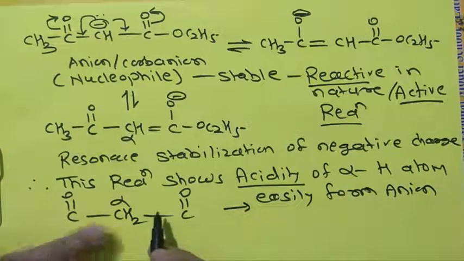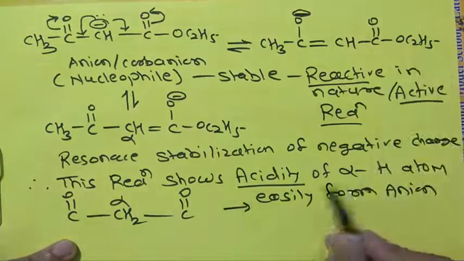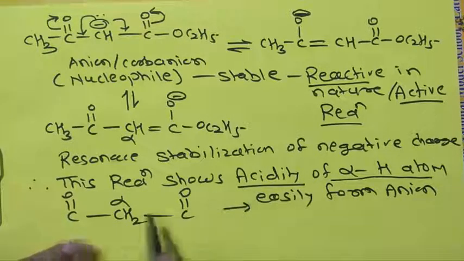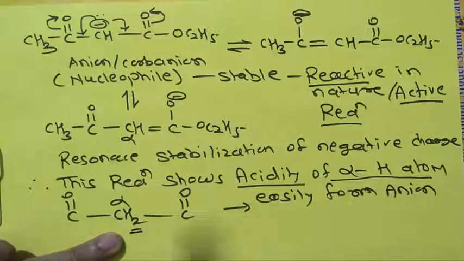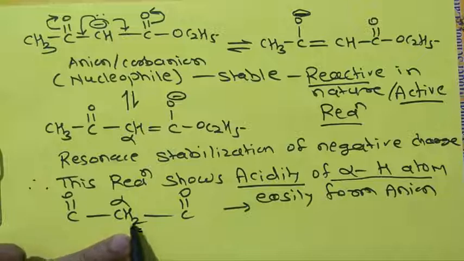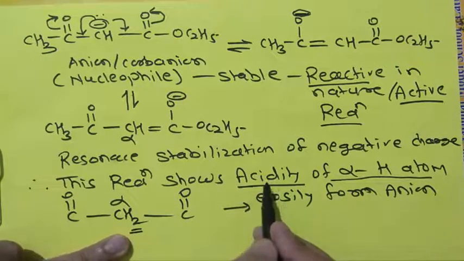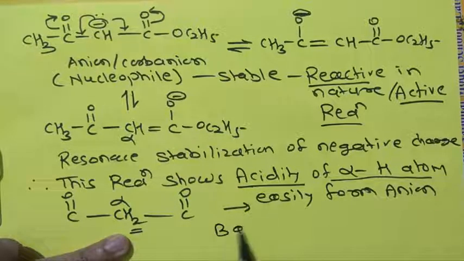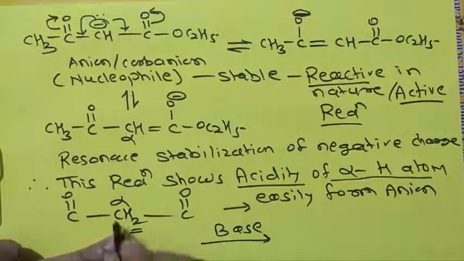That's why this overall process is called the acidity of the alpha hydrogen atom. This reaction shows these hydrogen atoms are very acidic, because the hydrogen atom can be abstracted by the base.